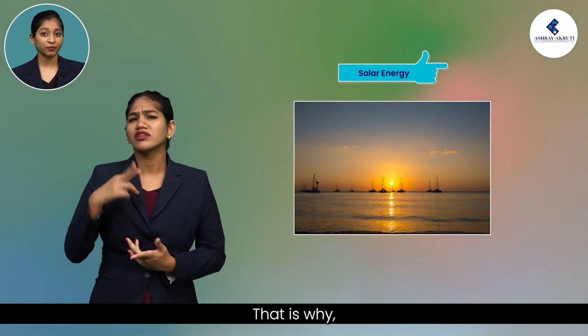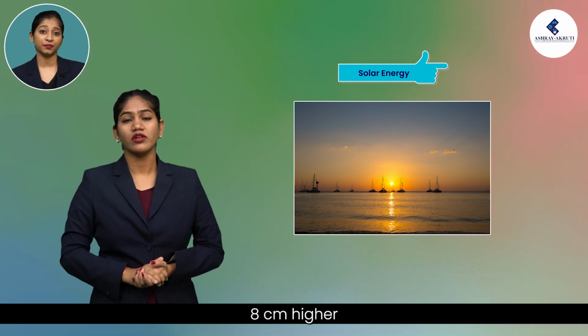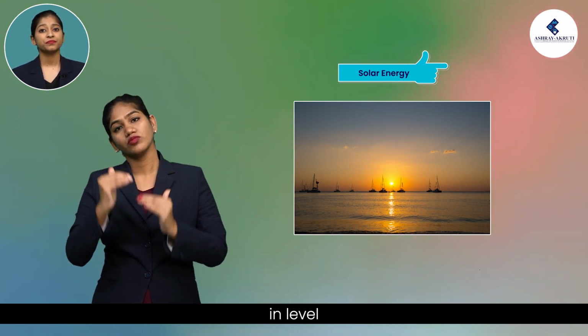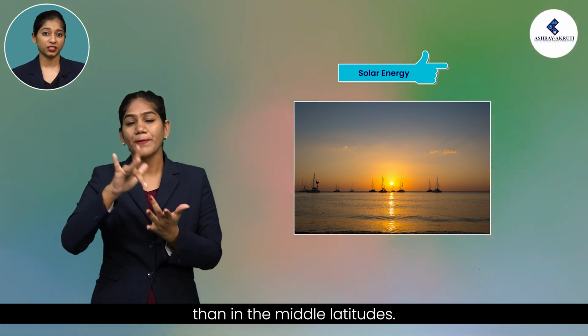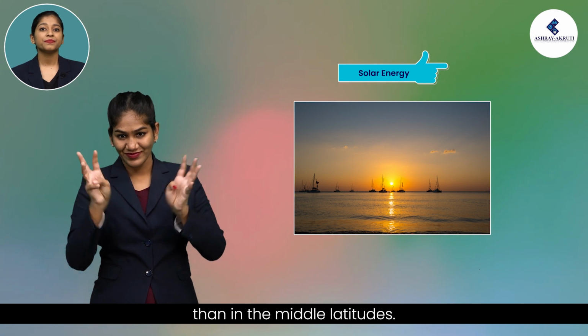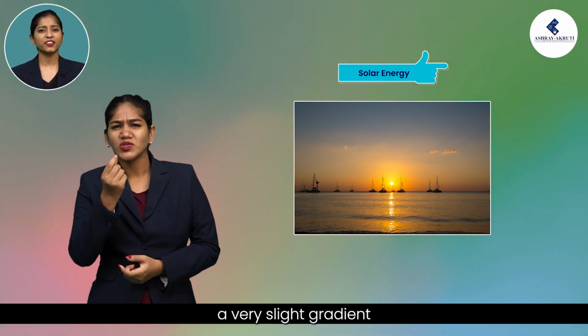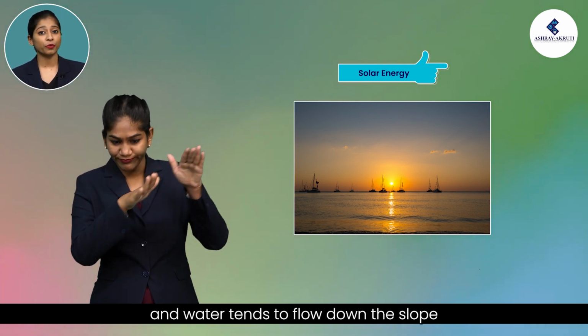That is why the ocean water is about 8 cm higher in level near the equator than in the middle latitudes. This causes a very slight gradient and water tends to flow down the slope.